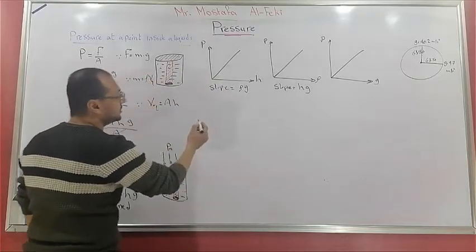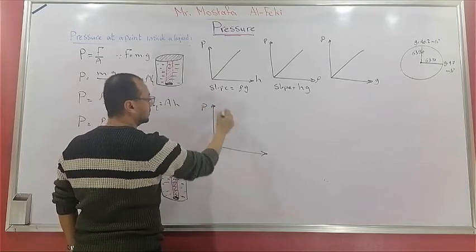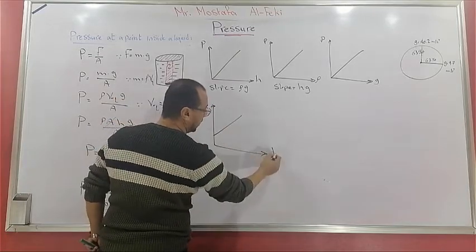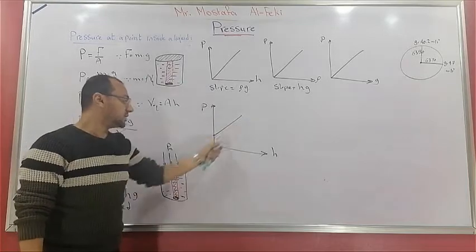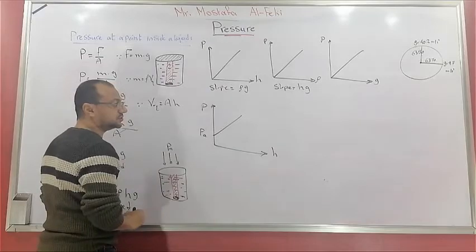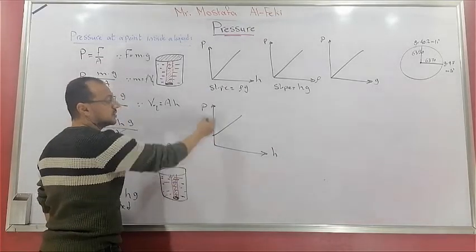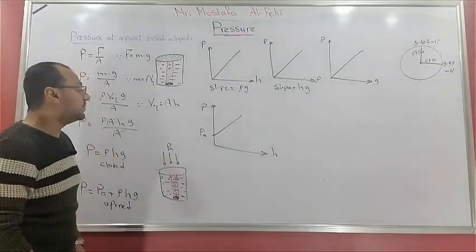Right. The relation between pressure and the height, where the straight line intersects the y-axis. This point indicates atmospheric pressure. The y-axis indicates pressure, and the atmospheric pressure is a type of pressure.